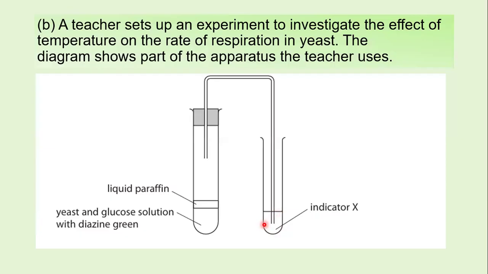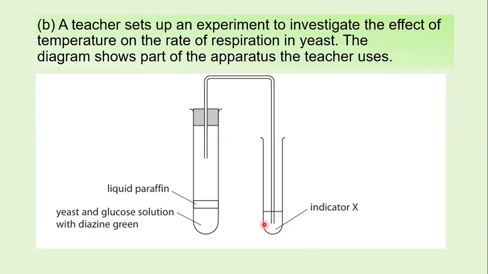Carbon dioxide can change the color of this indicator. So we can measure how quickly this indicator changes its color, and we can measure the rate of respiration according to that.